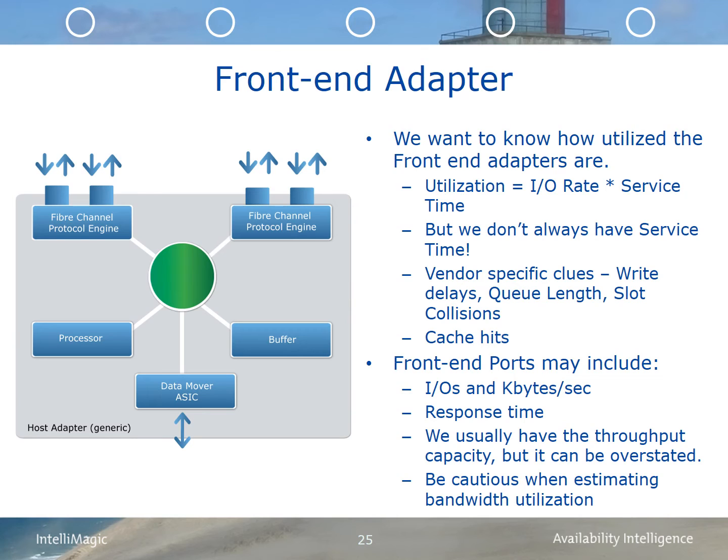We usually have the throughput capacity, but it's typically overstated. So it's good to be cautious when estimating bandwidth utilization or even the capabilities of the throughput of a particular set of ports or adapters, as it's often much less than the sum of the specification of the individual ports.